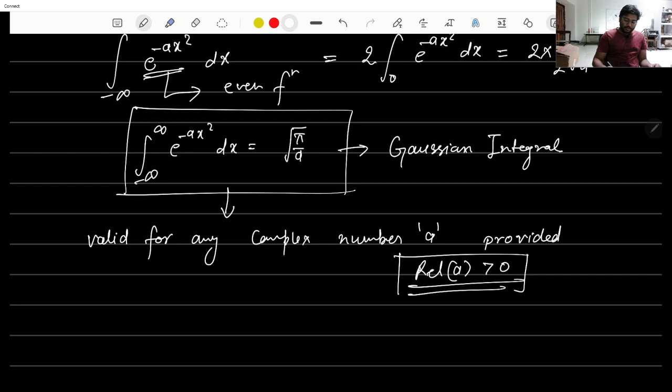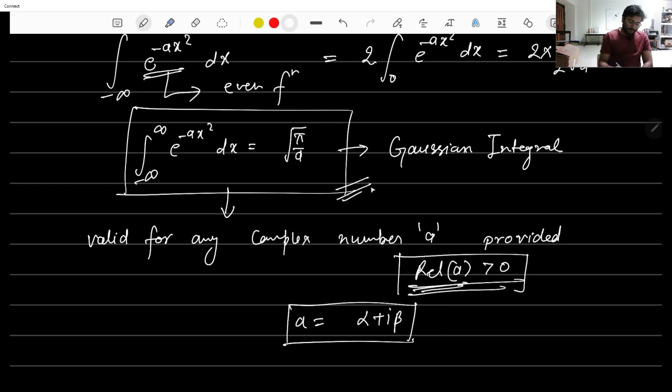So let me explain why it is necessary that if a is some alpha plus i beta, this kind of complex number, then the real part of a must be greater than 0 for this integration to be valid.